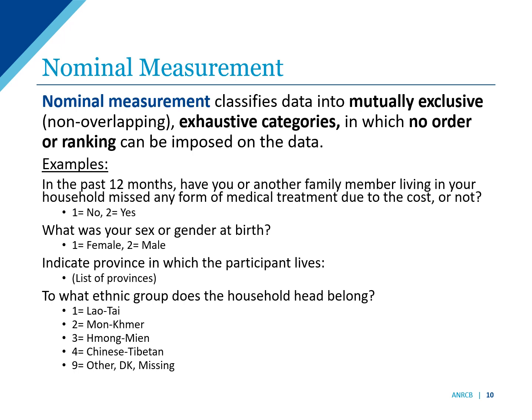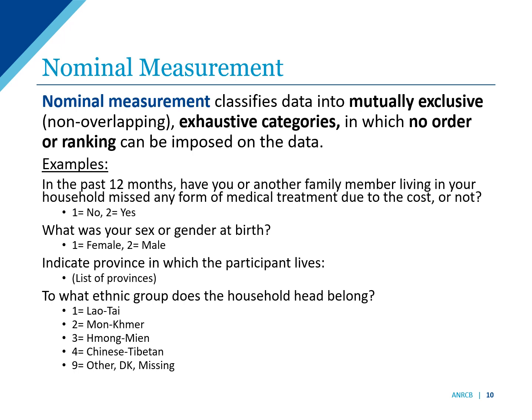You may also hear these types of data described as scales of measurement. Nominal measurement classifies data into mutually exclusive or non-overlapping, exhaustive categories in which no order or ranking can be imposed on the data.